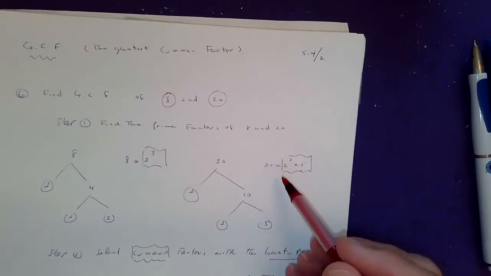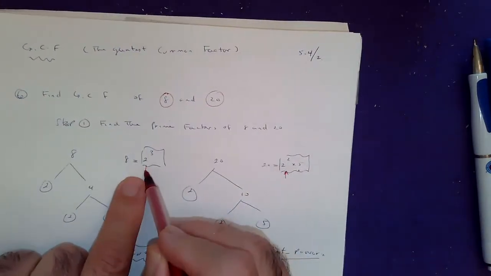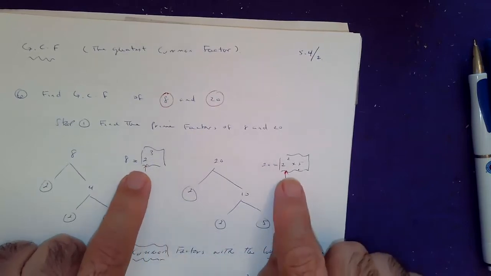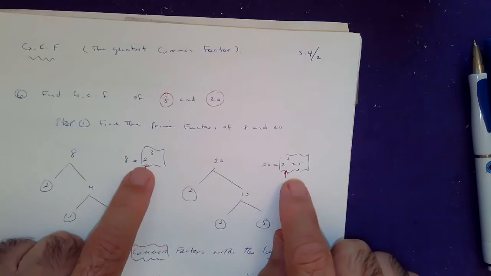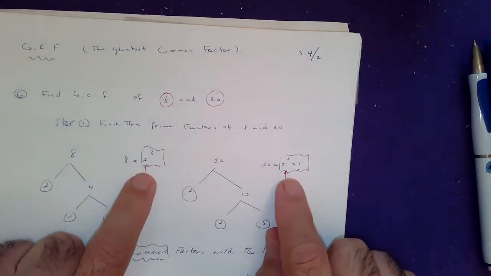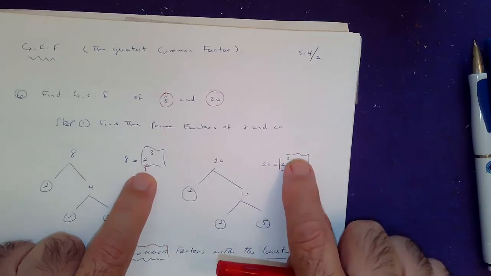Between these two boxes, I see that both have 2 to some power in common. Do you see it? Which of these powers of 2 do I have to select for my GCF? The one with the lower exponent.